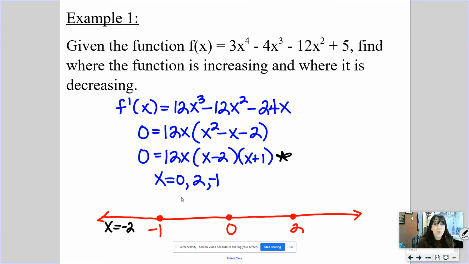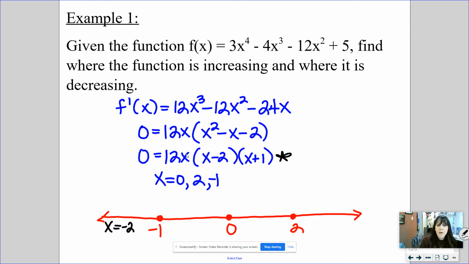If it's positive, that means your function is increasing. If it's negative, that means your function is decreasing. So this is going to tell us about the trend and the shape of the graph. I'm going to plug -2 into this factored form. That's what I like to do. You can plug -2 into the original derivative up here if you want to, but the main goal is just to get whether it's a positive or a negative answer.